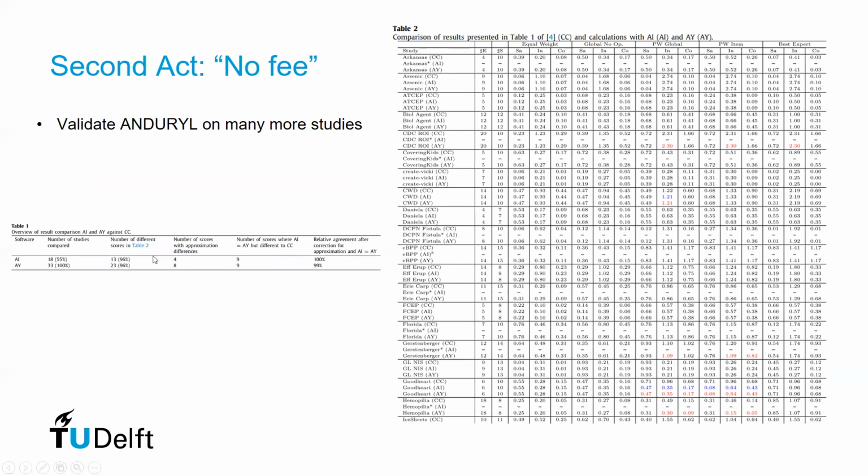So the second nice thing about this study published together with Marcel is that we were able to validate Anduril with more studies. And I think we took the same ones that Tom Masuki took together with X-Staff for that first out of sample study.